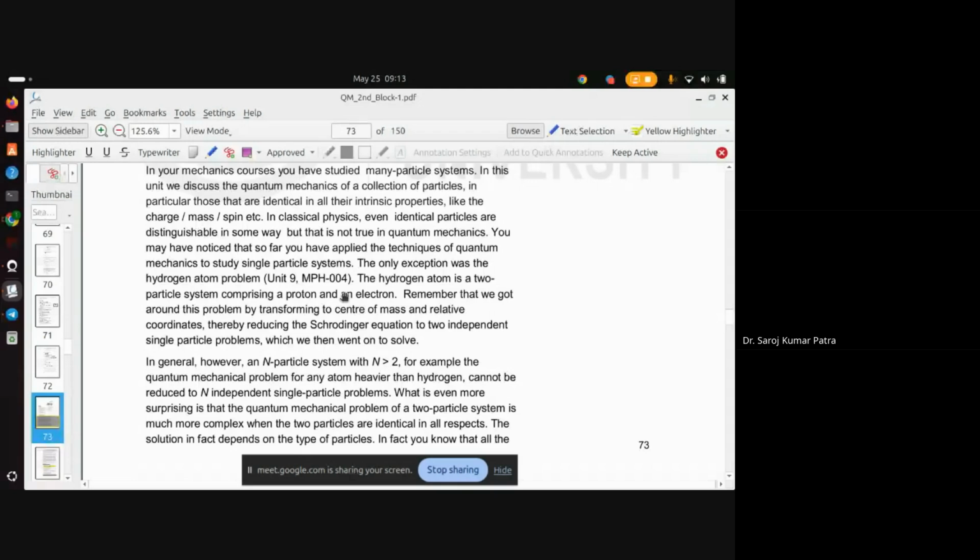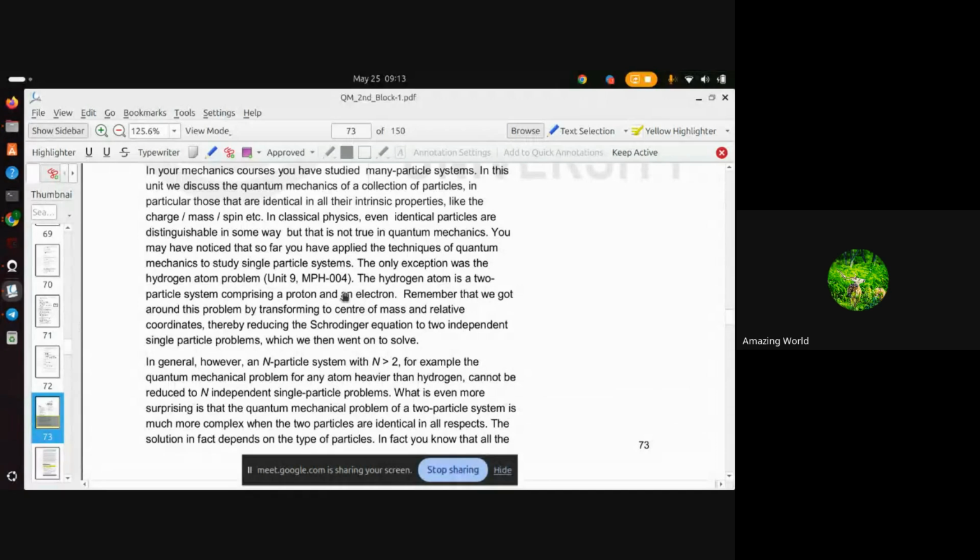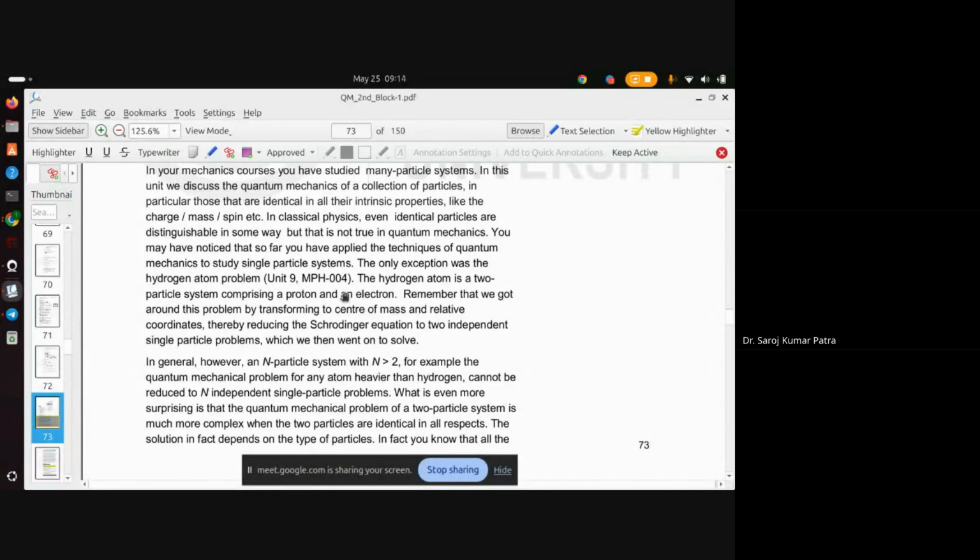So in quantum mechanics 1, hydrogen atom has already been discussed or not? Okay, so then it will be discussed, because the Schrodinger equation you solve initially is only for a single particle. So px square by 2m plus V of x, which is the Hamiltonian, right?